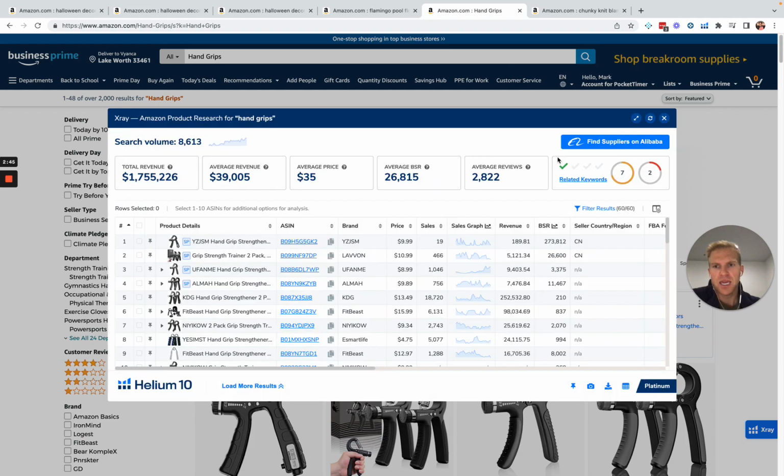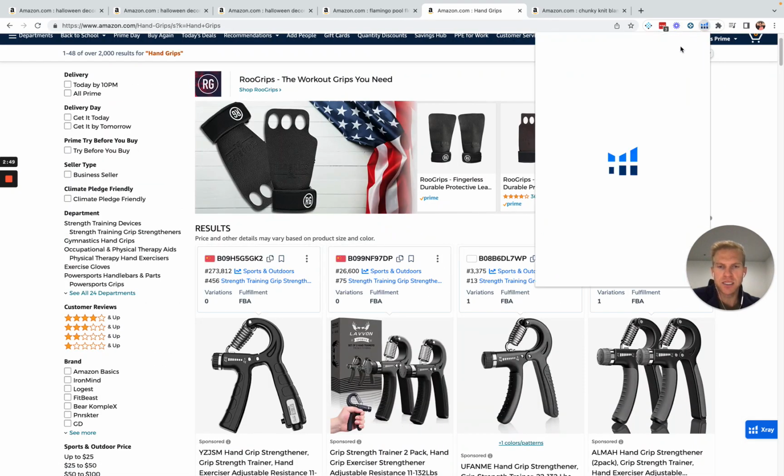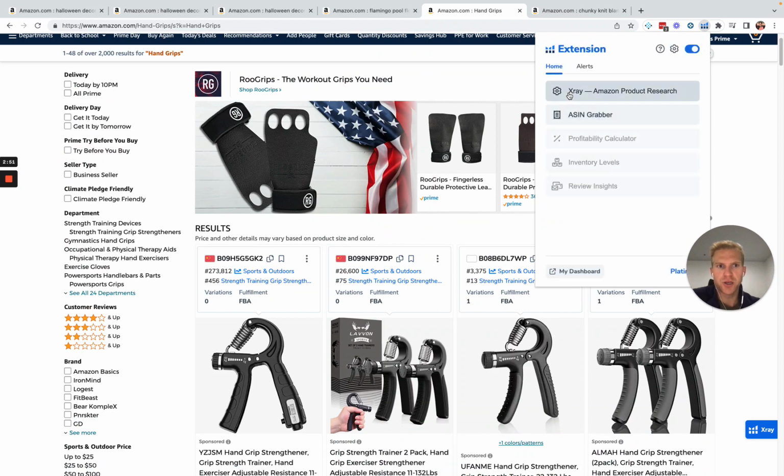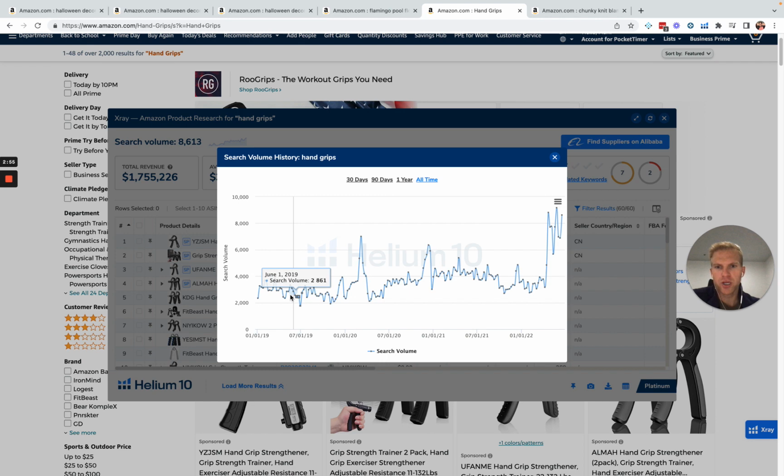So this is hand grips, all right, and let's look at the search trend here. And this is a little more consistent, okay? It fluctuates anywhere from 2,000, and then it looks like it peaked about March 2020. I guess people were more at home and they just wanted to exercise at home.